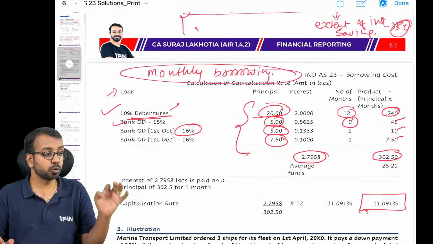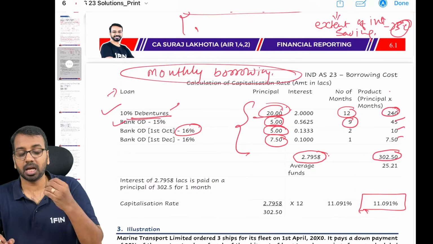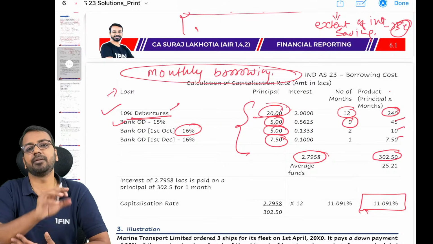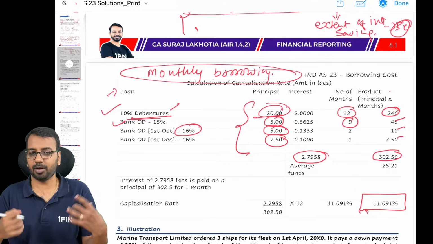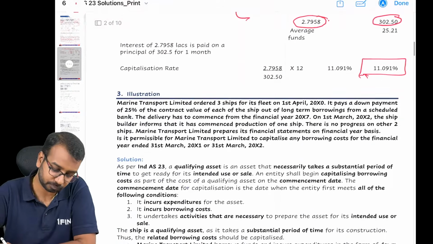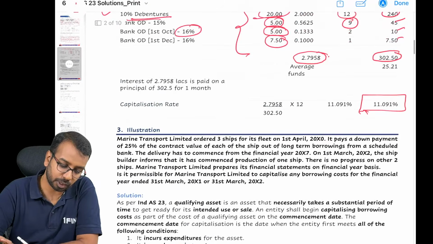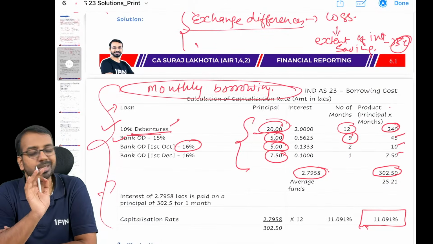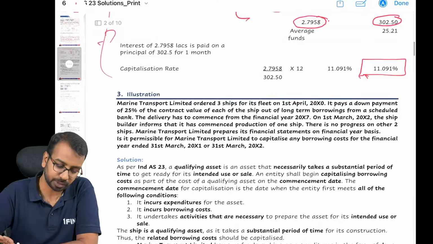I have seen students writing that and not getting marks. But if the question says advise, analyze, explain, describe and the like, there you will have to include theory as well. I hope this part is clear. This will help you compute the capitalization rate whenever you have to.